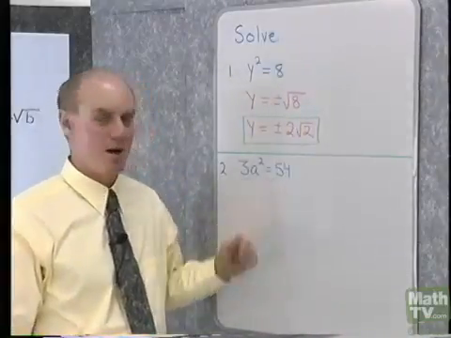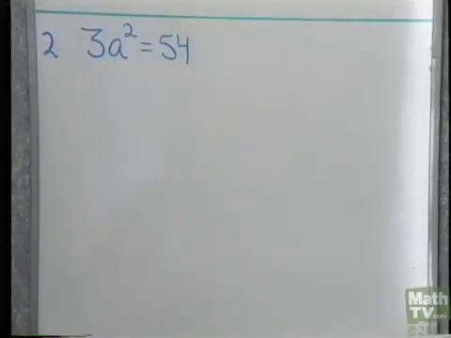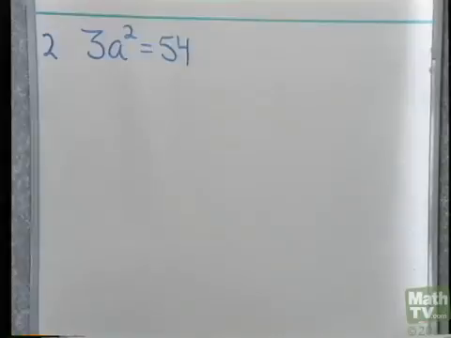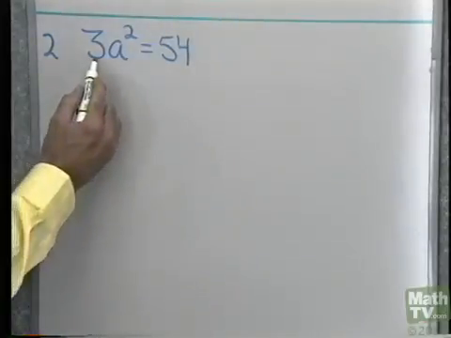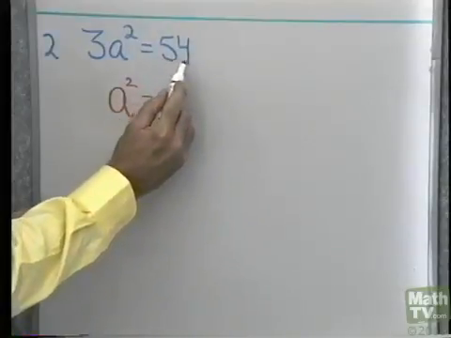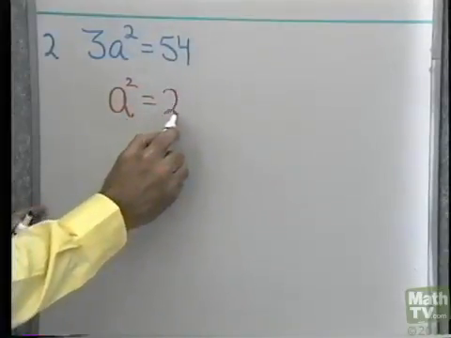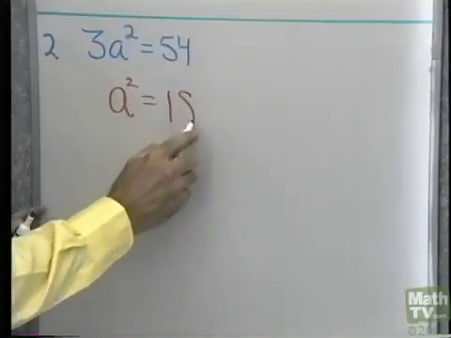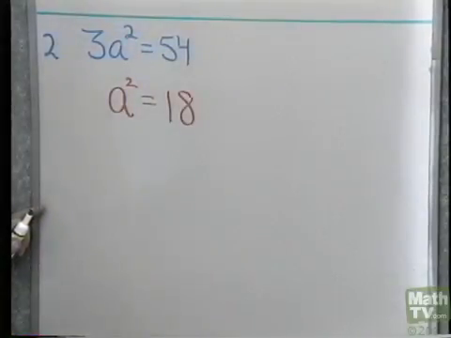Let's look at a little more complicated problem. 3a squared equals 54. I want to solve this equation for a. So what I'm going to do is first divide both sides by 3. So I'll end up with a squared equals 54 divided by 3, which is what? 18. That's right. So a squared is equal to 18.